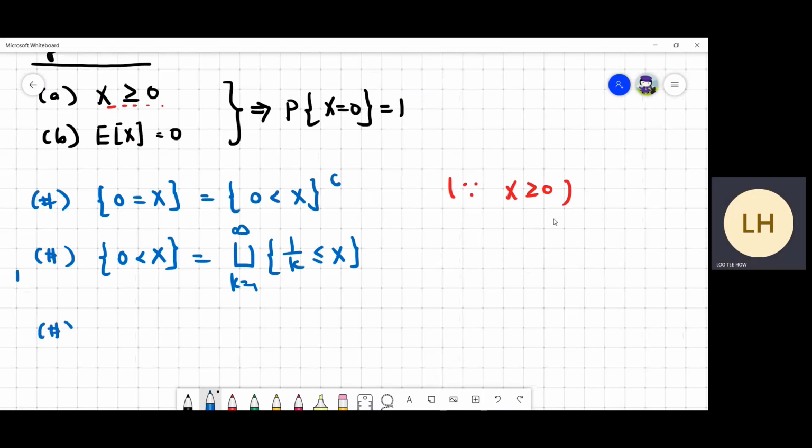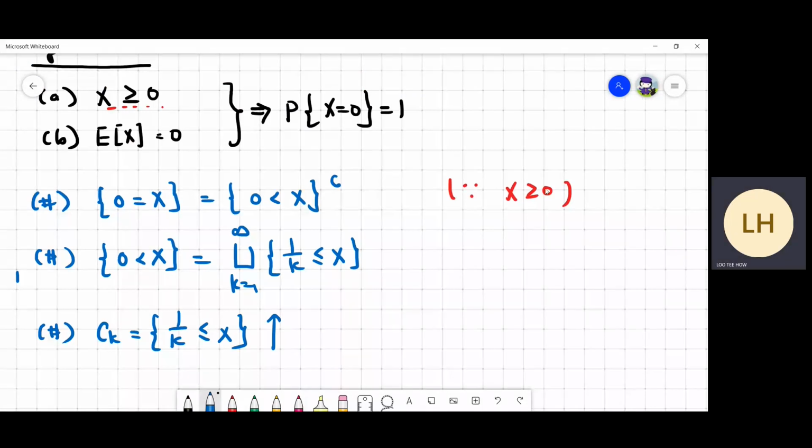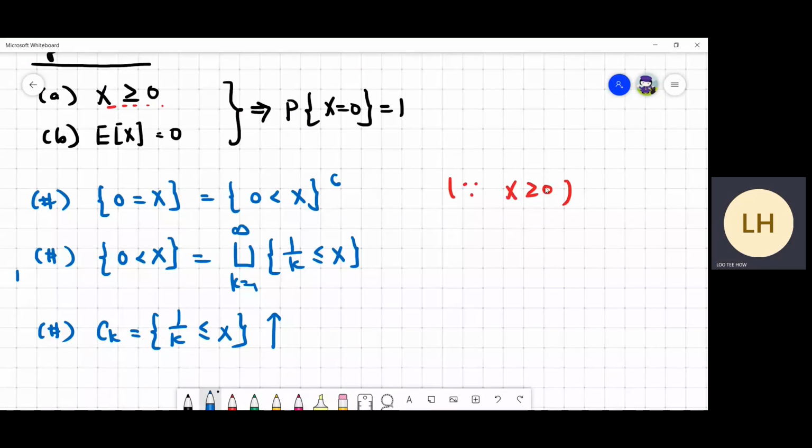And next, let's simply write this as Ck, the event x greater or equal to 1 over k. So we can see that this event is increasing. Okay, I think this is quite straightforward.